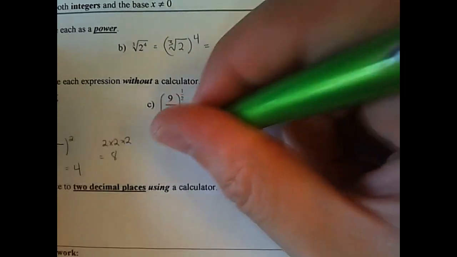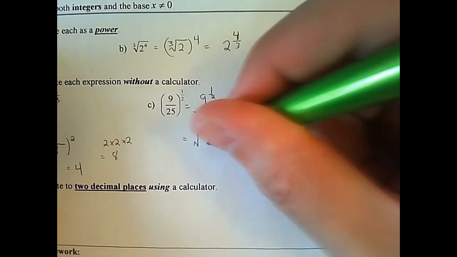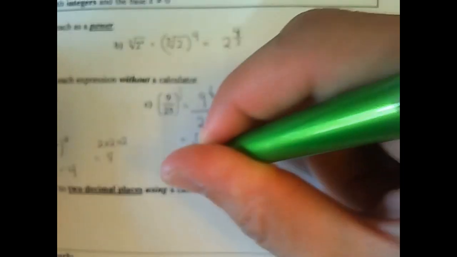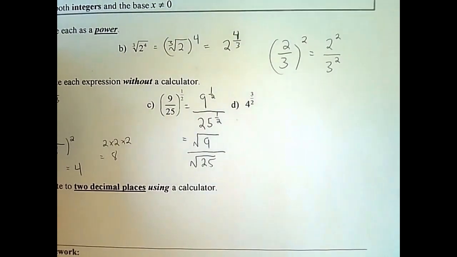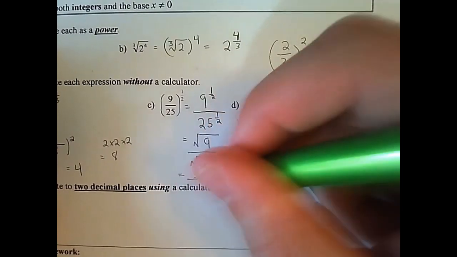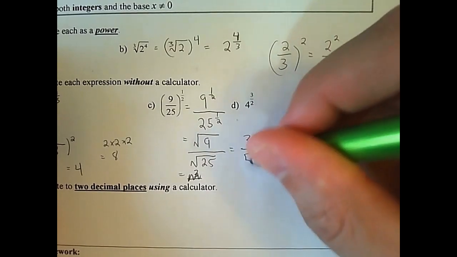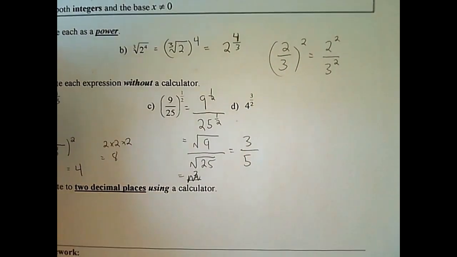A half as an exponent can be written as a square root, so the square root of 9 is 3, and the square root of 25 is 5. So my answer is 3 over 5.